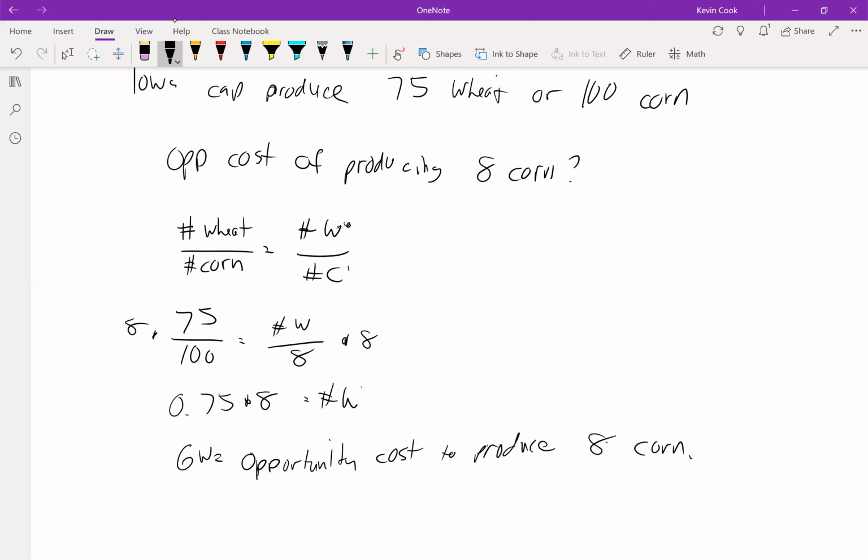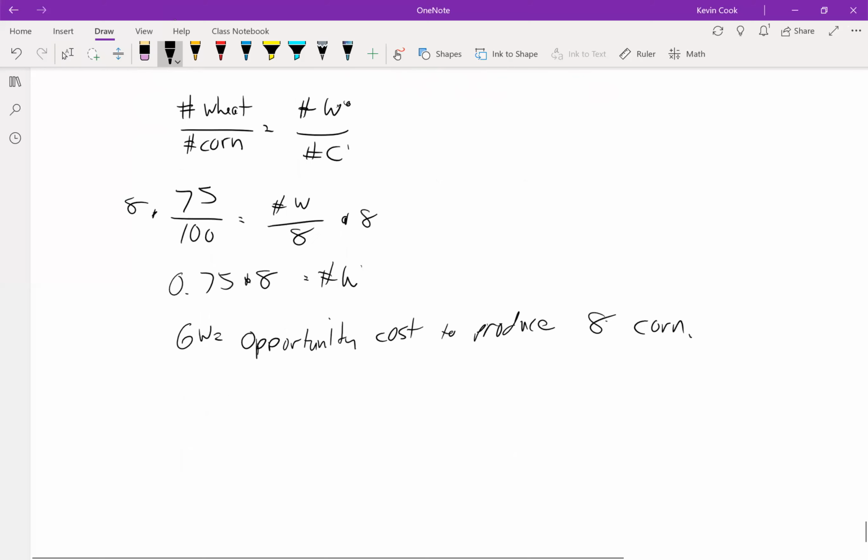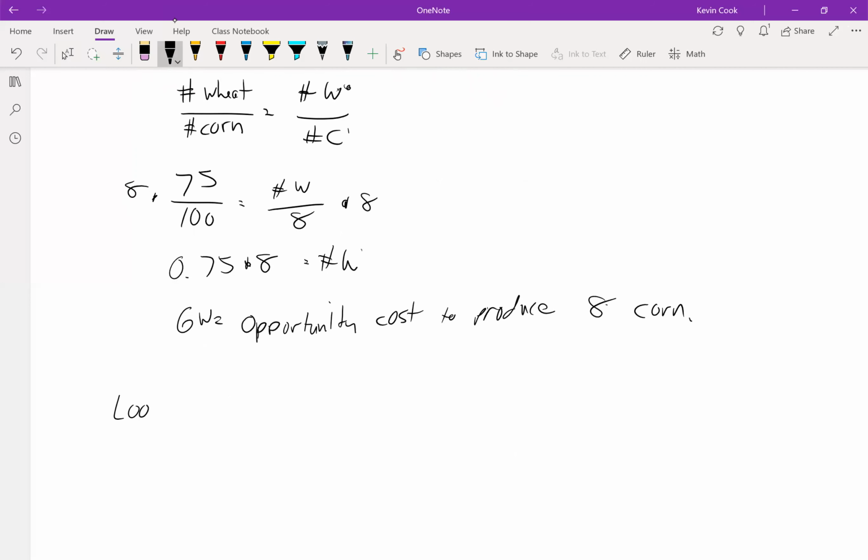And the last little bit you want to look over is more of an in-depth example that takes a little bit of time to do: the gains from trade example.